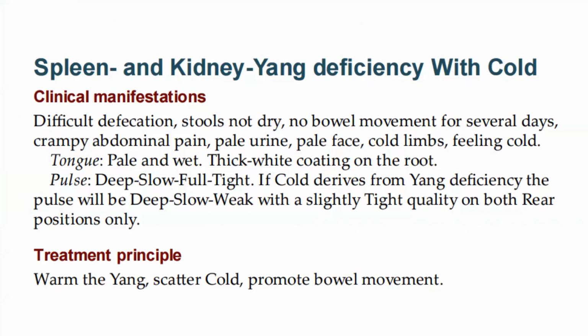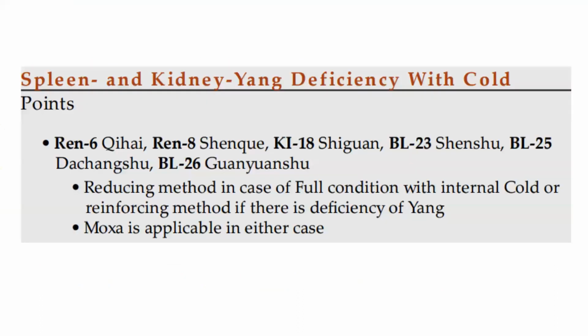If cold derives from yang deficiency, the pulse will be deep, slow, weak with a slightly tight quality on both rear positions only. Treatment principle: warm the yang, scatter cold, promote bowel movement.